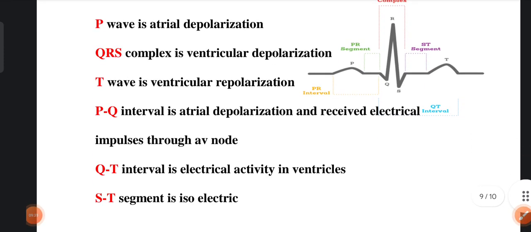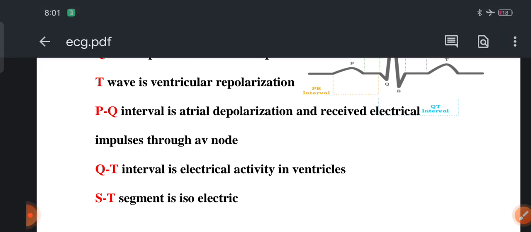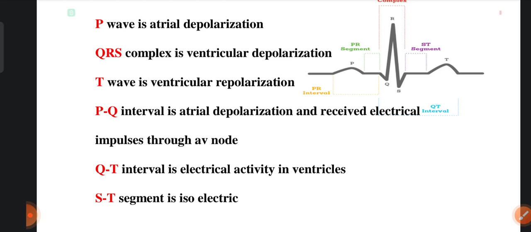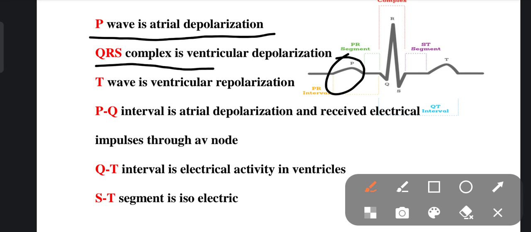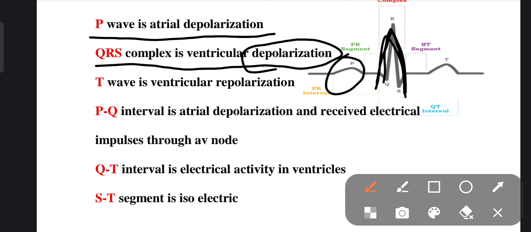So let's see some of the basic concepts of ECG. Here we can see the normal structure of the ECG. In the ECG, what is the meaning of the P wave? The P wave is the atrial depolarization. Here you can see, depolarization is nothing but lessening of the electrical charge. The next one is the QRS complex, which is the ventricular depolarization. Here you can see the structure, that is the Q, R, S complex.